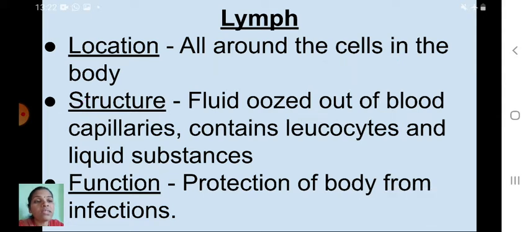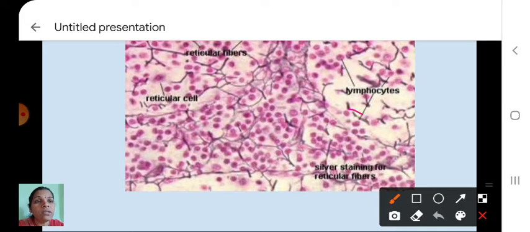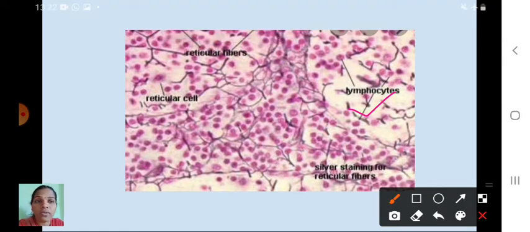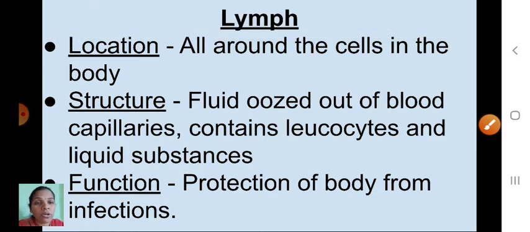Okay, so this is the structure of lymph. See here children, yes, this is the structure of lymph. Okay, next one is, see here, function: protection of the body from infections. What is the main function of lymph? Protection of the body from infections.